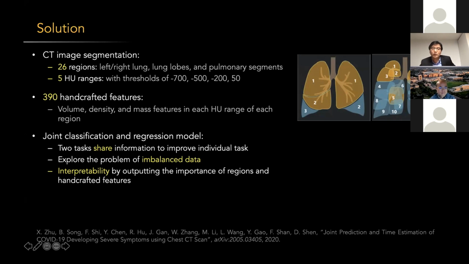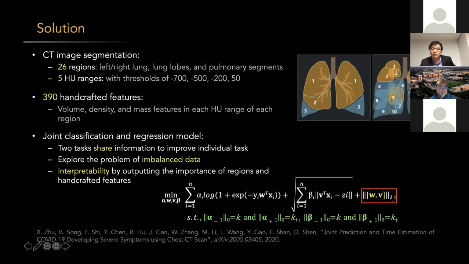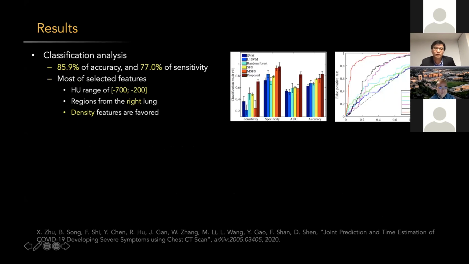Because we use this group sparse learning algorithm, we can better interpret the results, meaning which features you get and what kind of features. This algorithm, including regression, classification, and the mapping or weighting functions, is jointly optimized so the two tasks can share information. Of course, there are a lot of constraints for this algorithm.